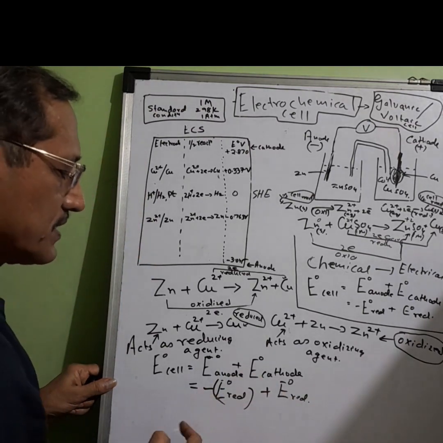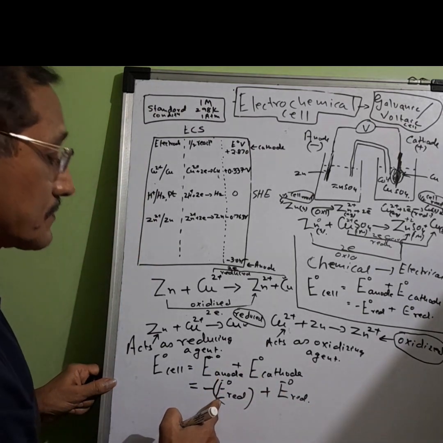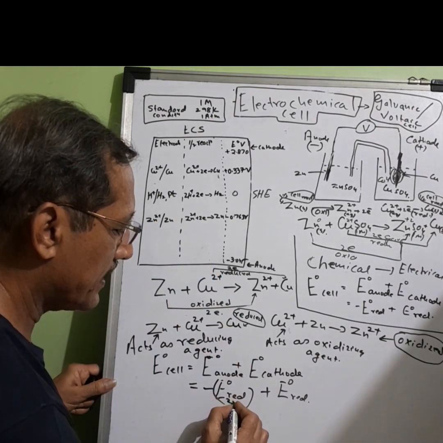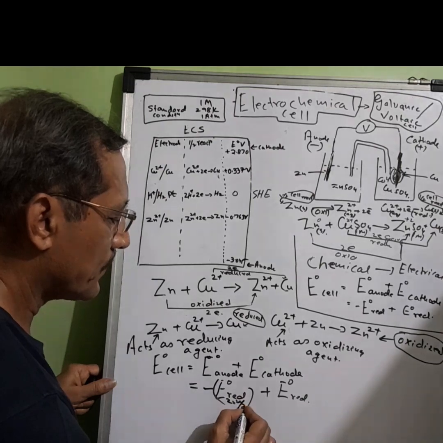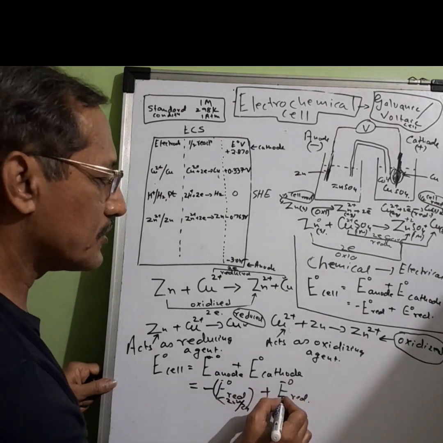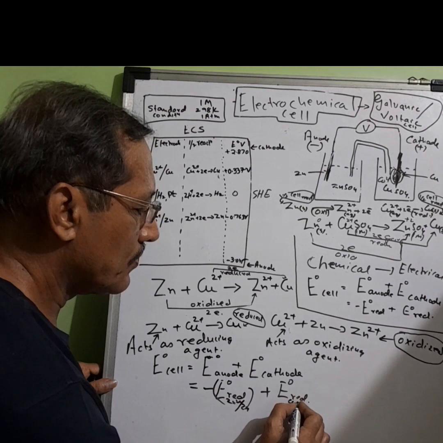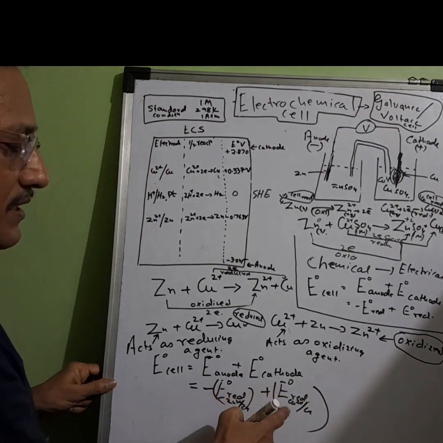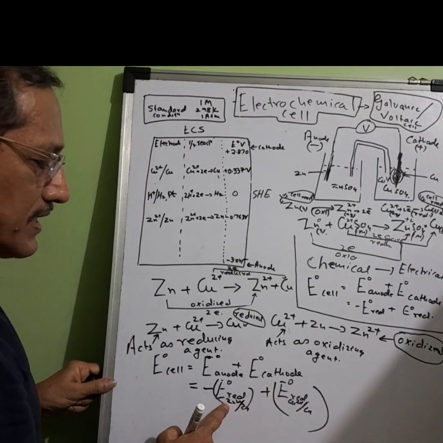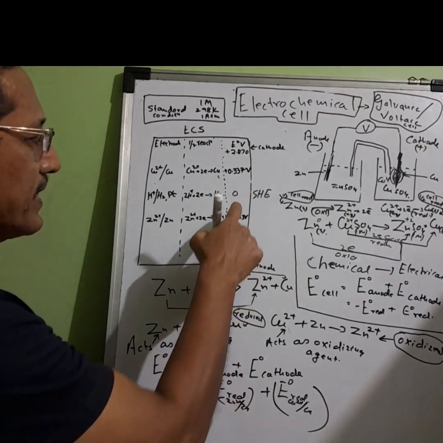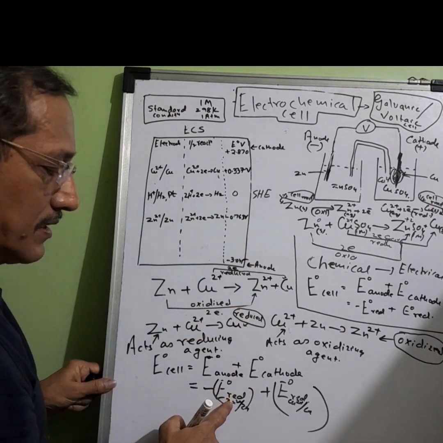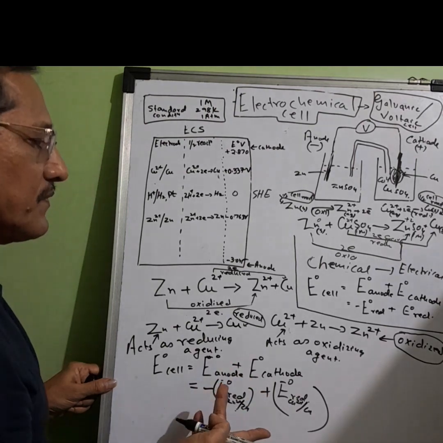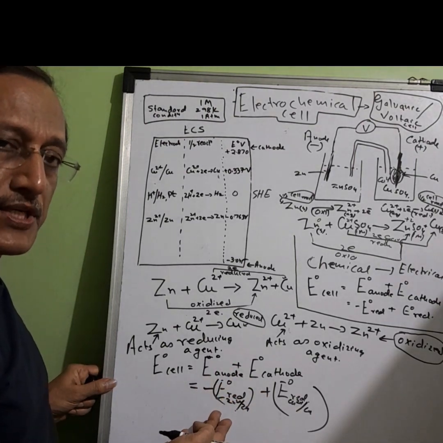The first is the reduction of Zn2+ to Zn, and the second is the reduction of Cu2+ to Cu. I can straight away pick this value and substitute it over here, but since I have multiplied it with negative, it becomes oxidation potential.